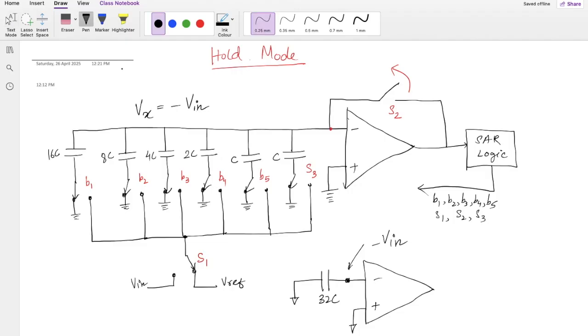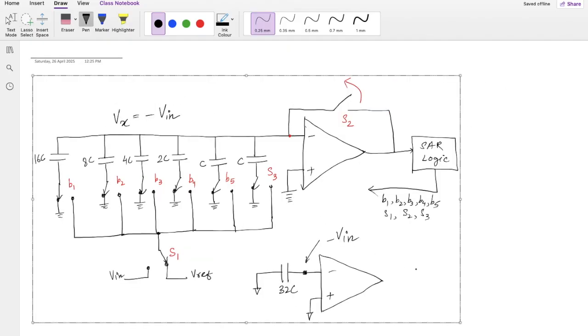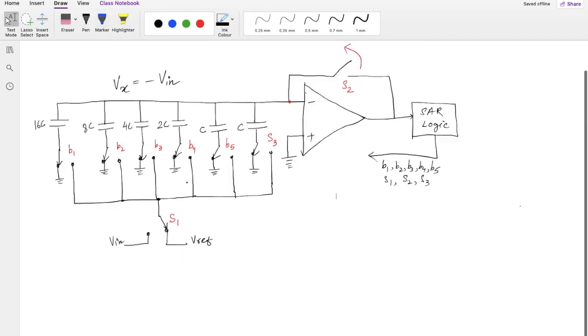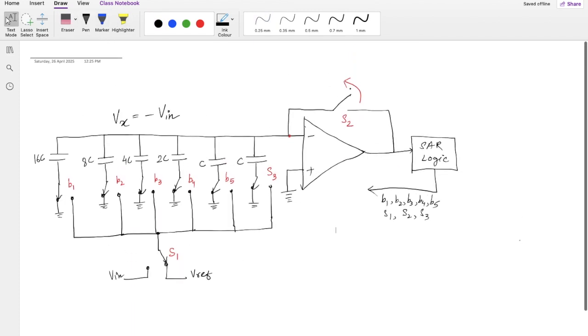So let's copy this one and go to the next page. Now we have this Vin, and we have opened this one, so this is minus Vin.